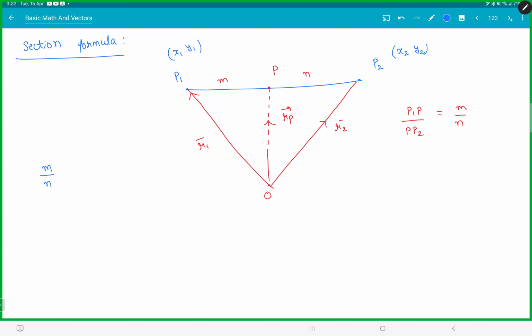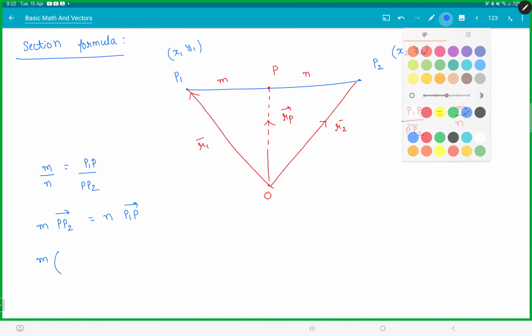So we get m by n will be in the ratio of P1P by PP2. Cross multiply. We'll get m into PP2 bar is equal to n into P1P bar. And what is PP2 bar?